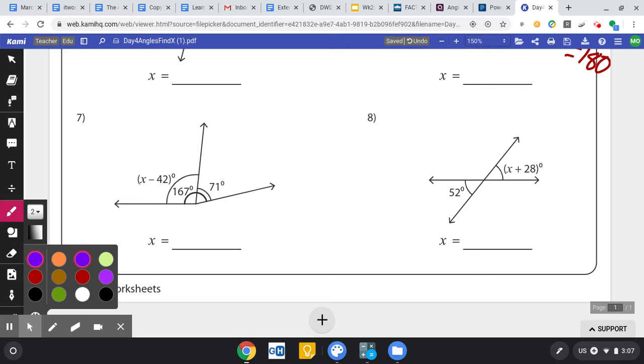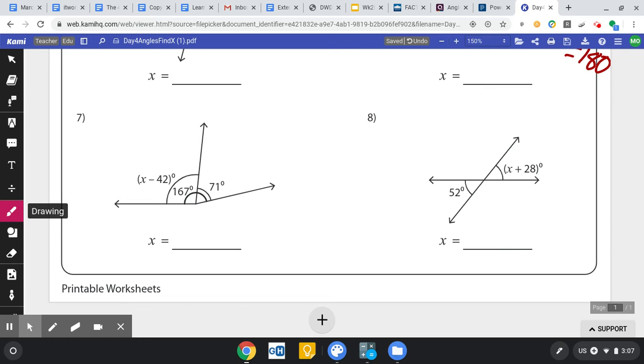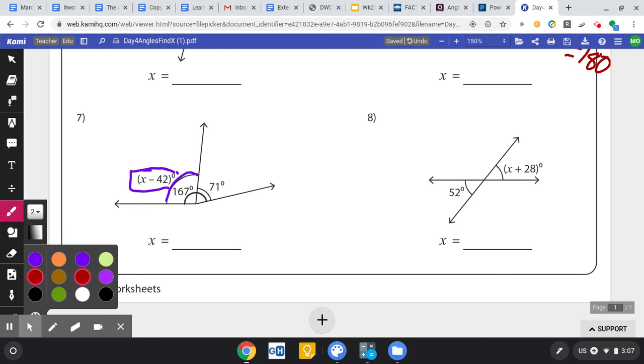All right, number 7, another little tricky one. Okay, they break it down. This angle here is the x minus 42. Okay, let me do that a little bit better. There we go. Okay, that's what that means.